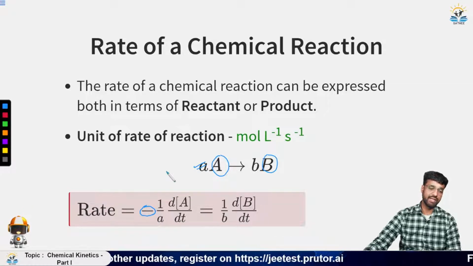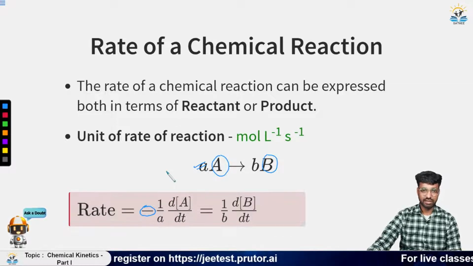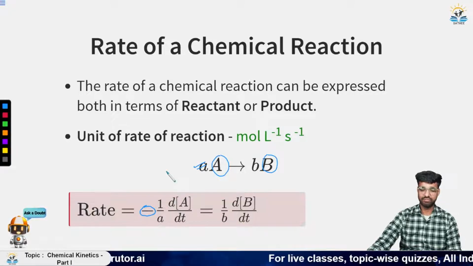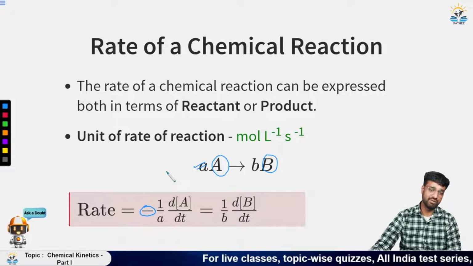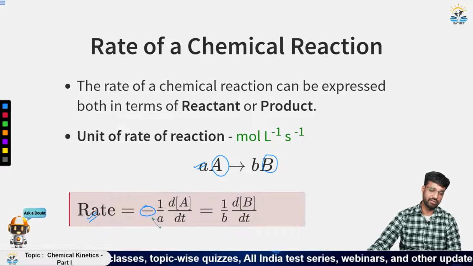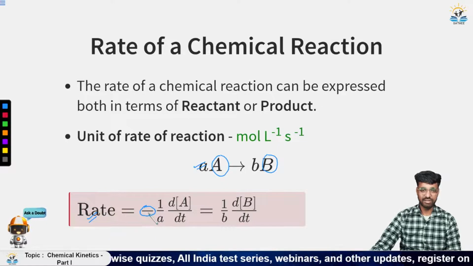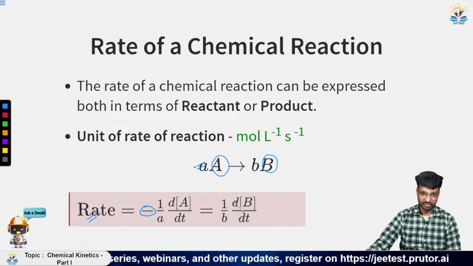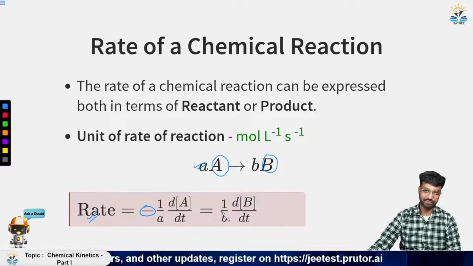We know very well that as the reaction proceeds, the concentration of the reactant will decrease, and when we calculate the change, that is final minus initial, we will get a negative value, but the rate can never have a negative value. So to keep the sign convention correct, we put a negative sign before the reactant, while for the product it is written as 1 by b dB by dt.